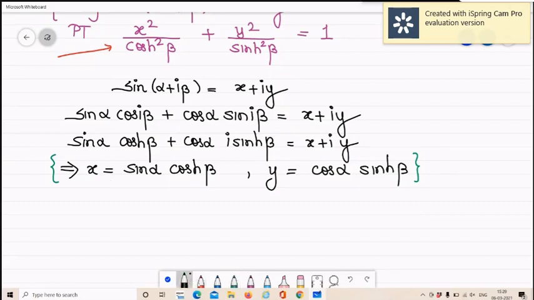And what is alpha? Alpha is the part of the trigonometric function. So what are we going to do here?